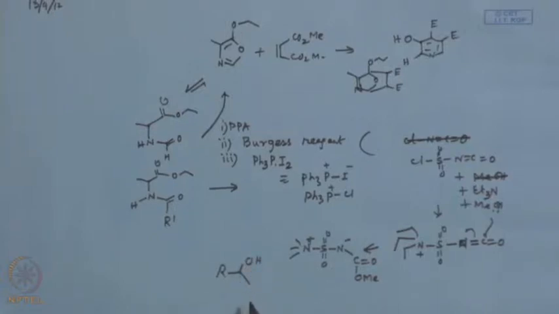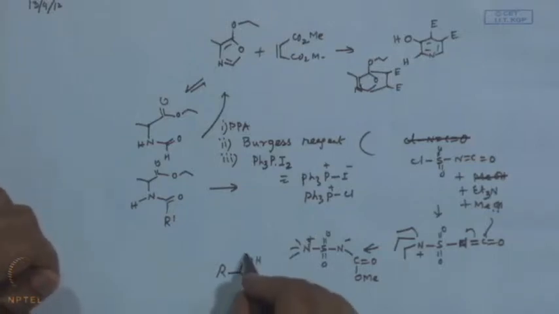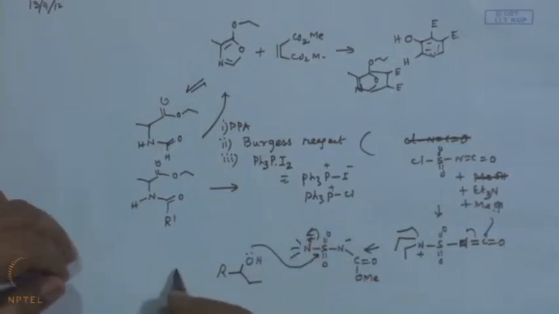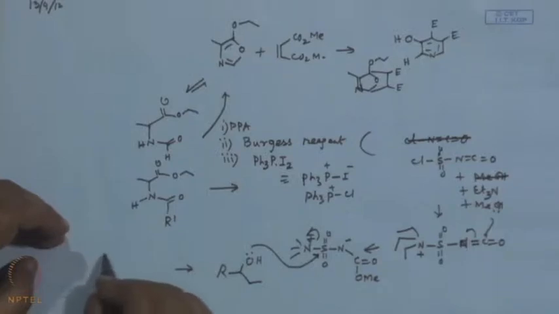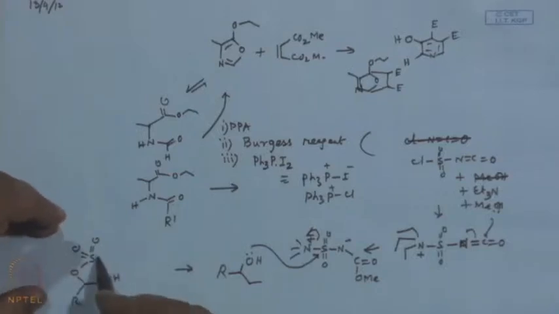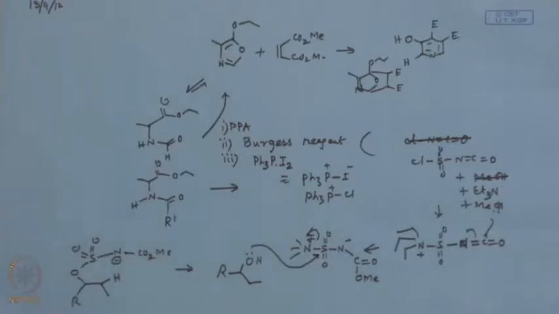what is expected here is that the alcohol part would displace the amine. So you will see the sulfone is there, then O and this R, and then a hydrogen up here, and then N, this minus carbamate moiety. So what next?